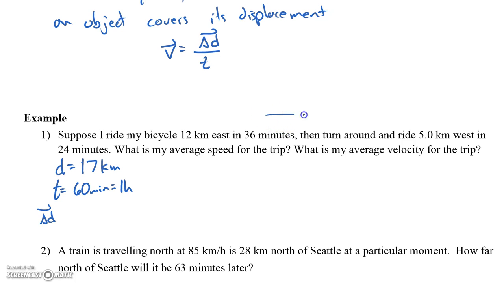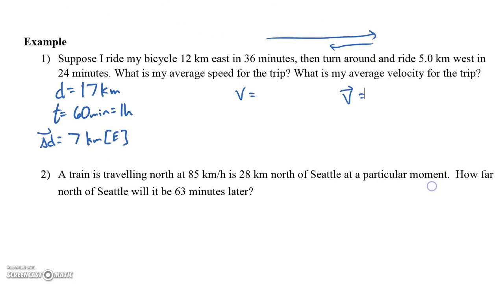So if we went 12 kilometers east and then we went back 5 kilometers, that means we ended up at 7 kilometers east. So with those, calculate the speed and velocity for the trip, and also take a look at number 2 prior to next class.